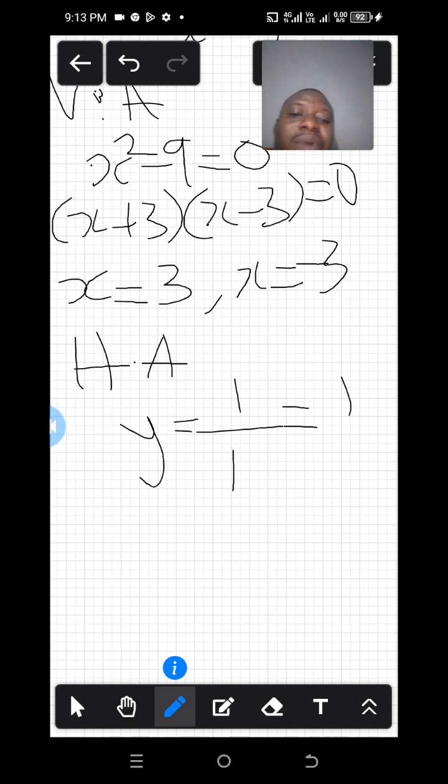So we have 1. So the horizontal asymptote is y equals 1.